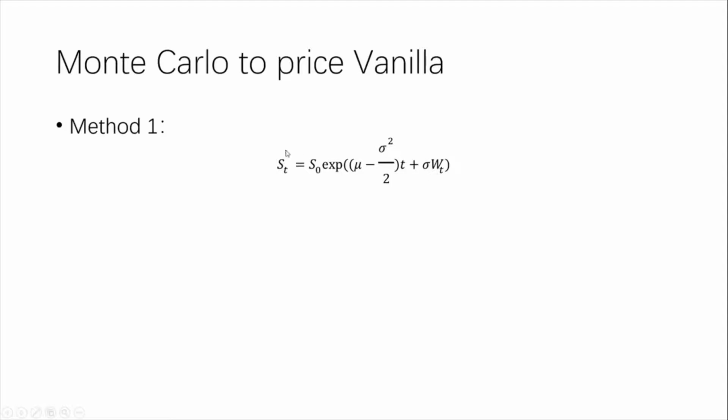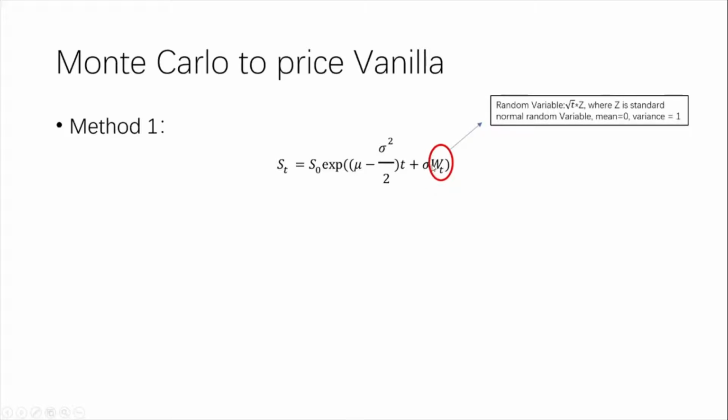This is the final stock distribution. Here, WT is a random variable. It has the same distribution as square root T times Z, where Z is the standard normal random variable with mean 0, variance 1.